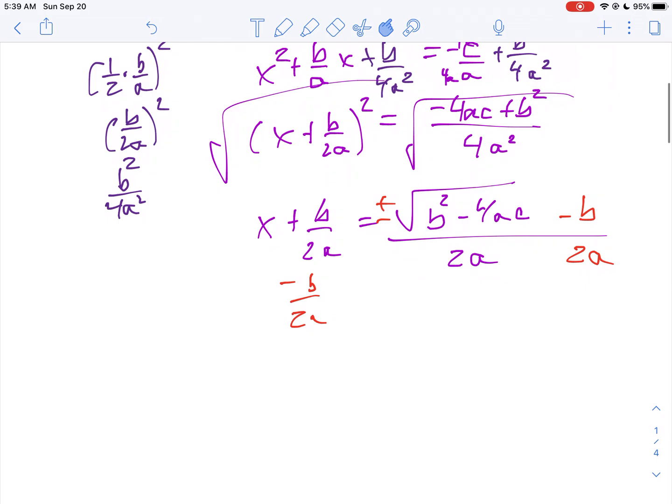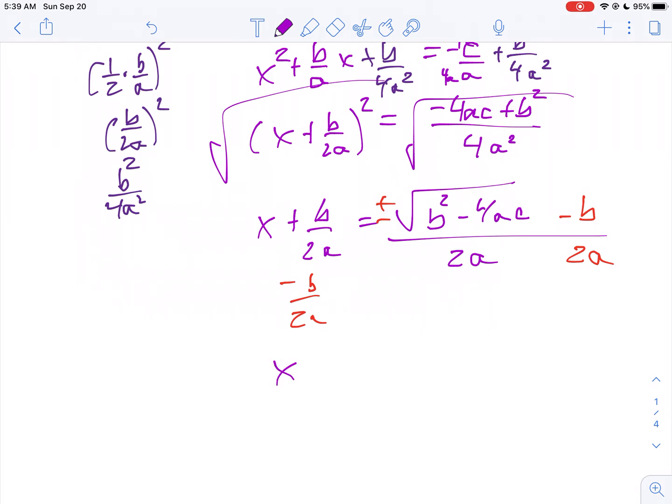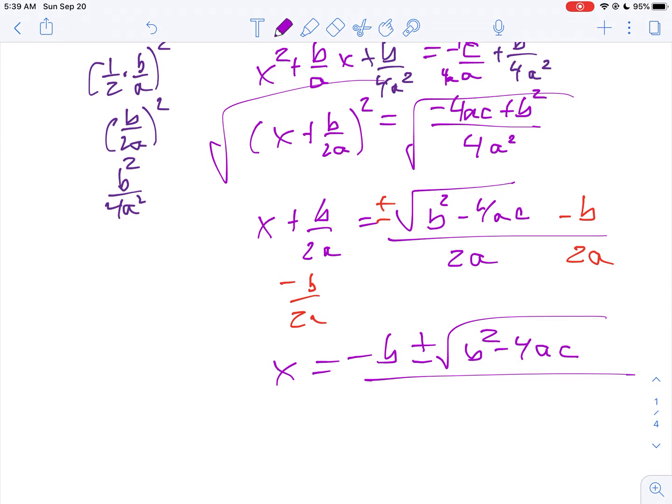I'm going to write the b first because I want to write the plus or minus second. So x equals negative b plus or minus the square root of b squared minus 4ac, all over 2a. That is the quadratic formula.